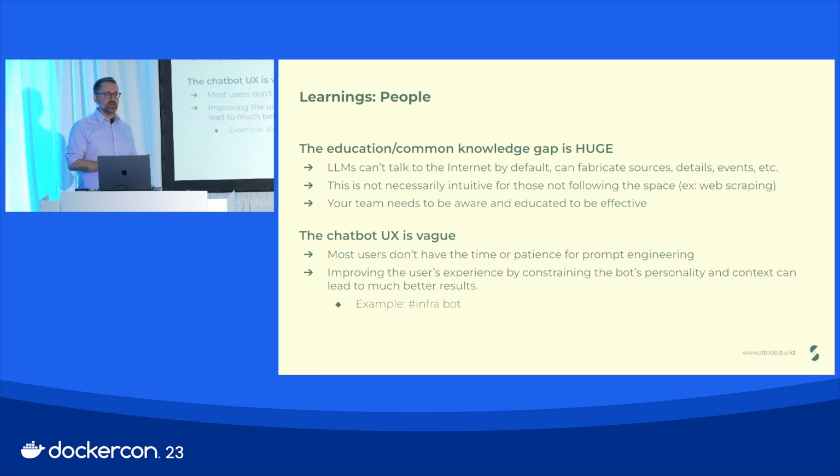You need people to be aware of this stuff and educated enough about it to be effective, because otherwise they're going to draw the wrong conclusions, right? And especially at this point, you can't afford that, right? People need to know what is and isn't possible. And we already talked a little bit about this, but chat as a UX is way too vague for most people, right?